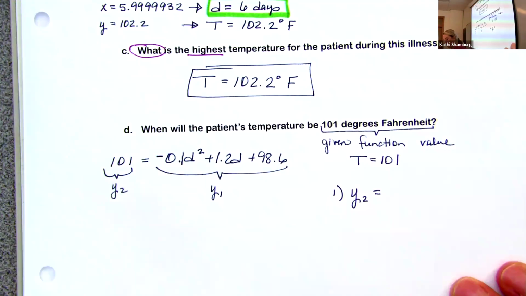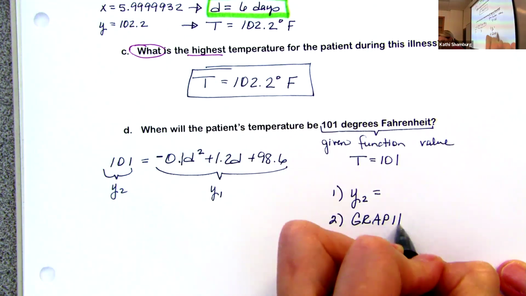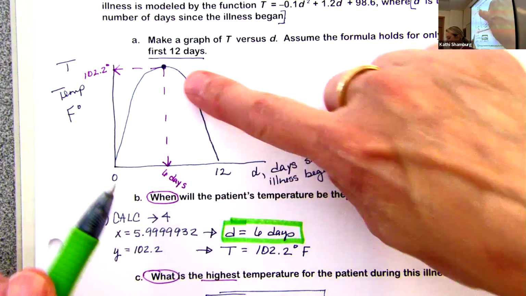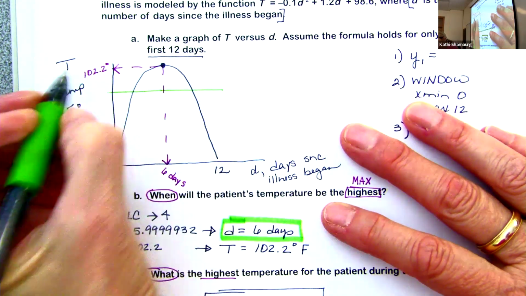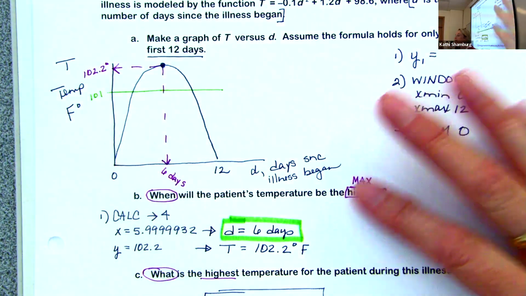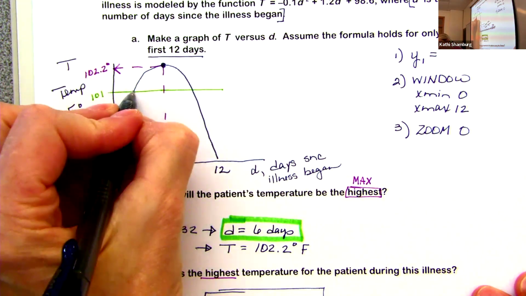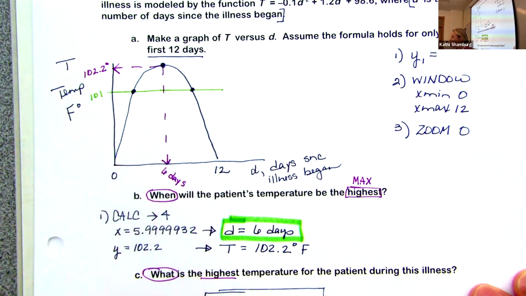Then what do we hit? Graph. So this is the only time we go straight to graph. It's going to show me where that's located, which when I come up here, that makes sense, right? Because here's 102. So somewhere around here is 101 degrees. How many times did the patient hit 101 degrees? Twice. Okay. So we're looking for when the patient hit 101 here and when the patient hit 101 here.